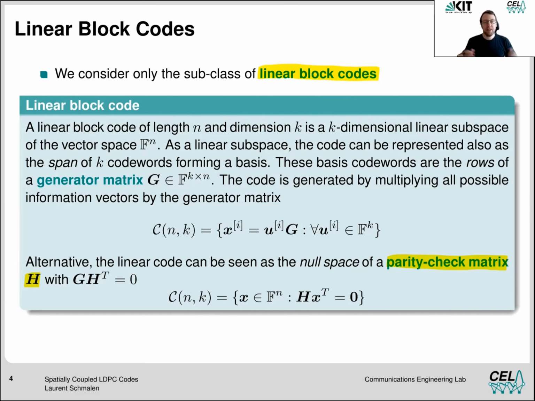So all the elements in the parity check matrix are orthogonal to the basis vectors. And the code is then obtained as being all vectors from our vector space F^n such that H times x transpose is equal to 0. That's the definition of the code.